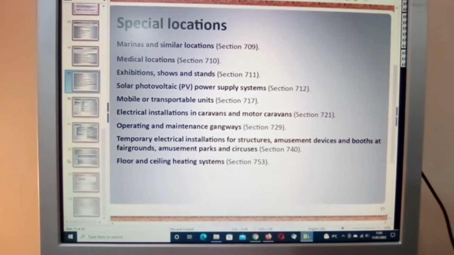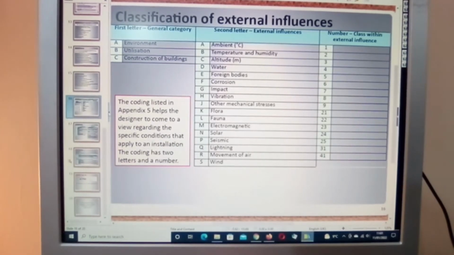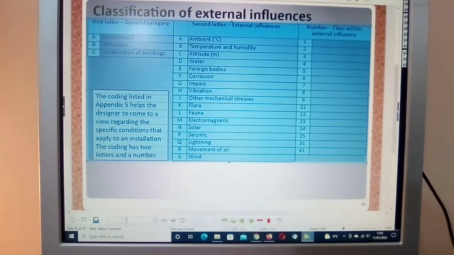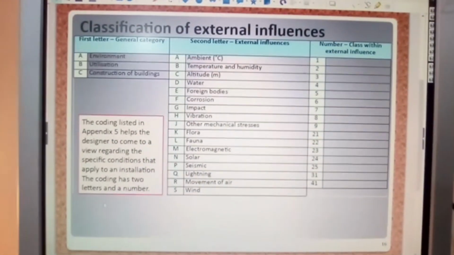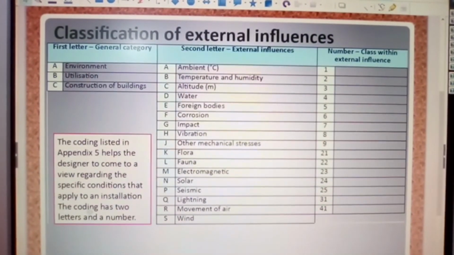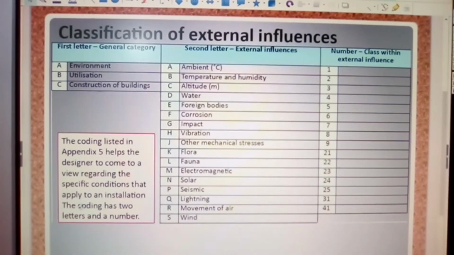Okay. Sorry about that. Okay. Classification of external influences. Okay.